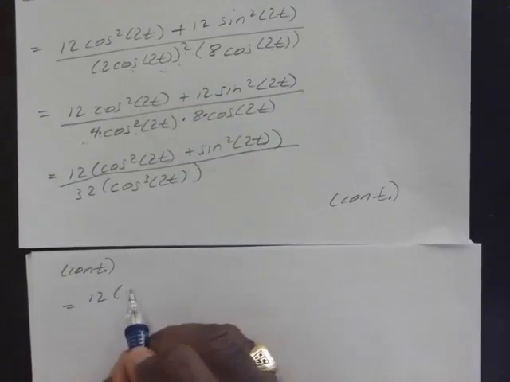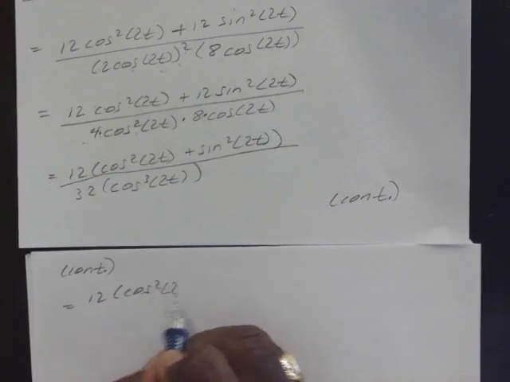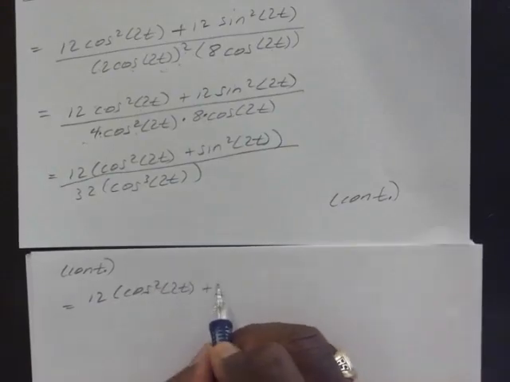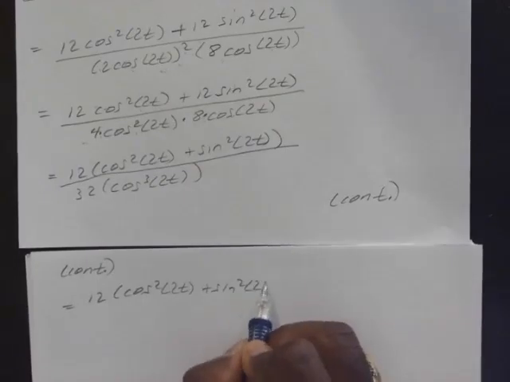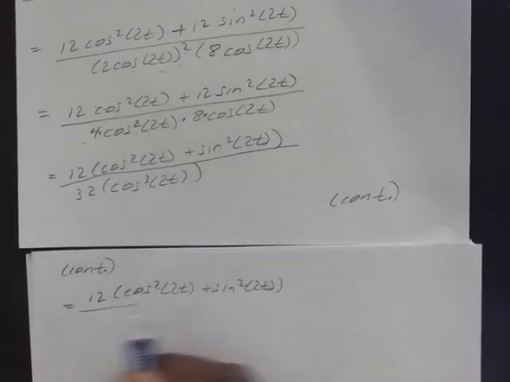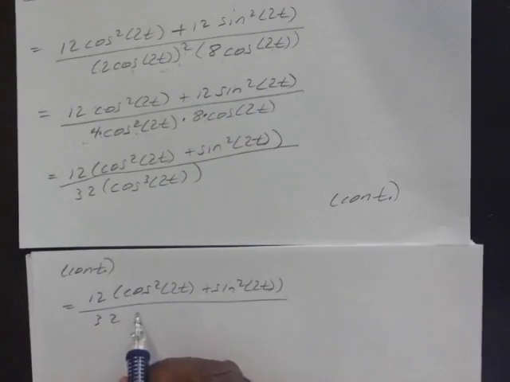So 12 times cosine squared of 2t plus sine squared of 2t divided by 32 times cosine cubed of 2t.